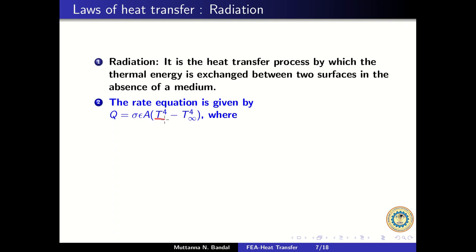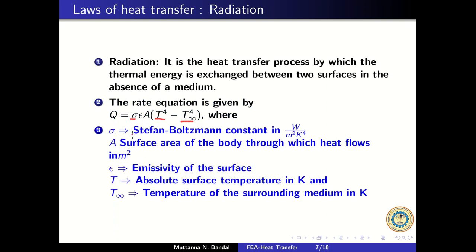So this is the temperature of one body and this is the temperature of another body. Here σ is the Stefan-Boltzmann constant, ε is the emissivity of the surface, and A is the surface area of the body through which the heat flows.